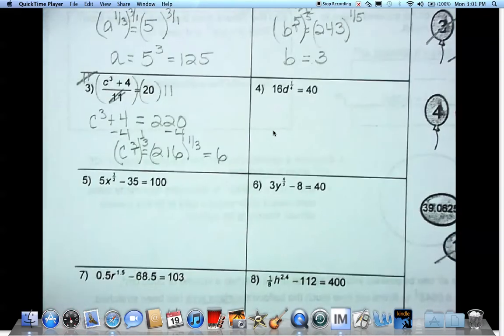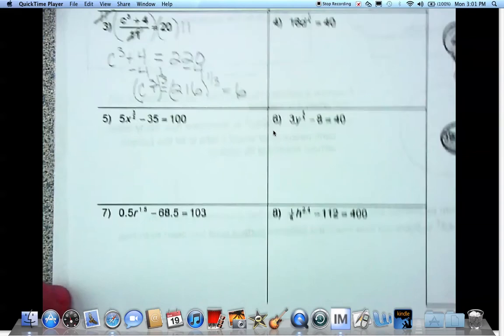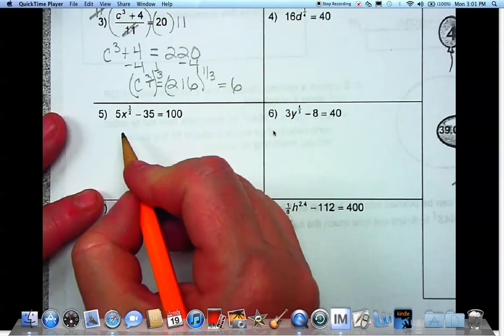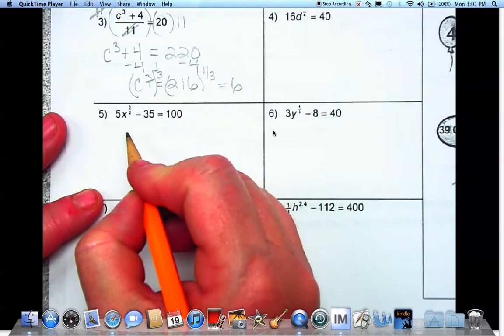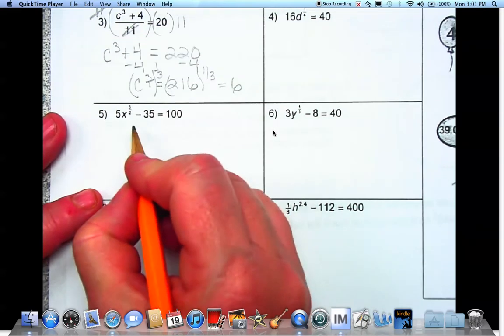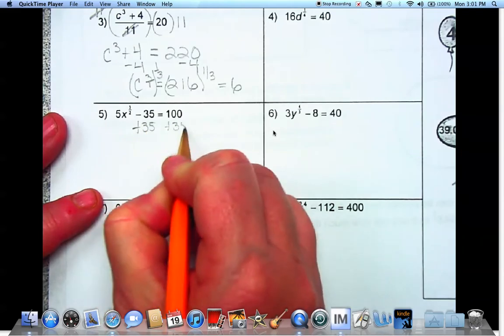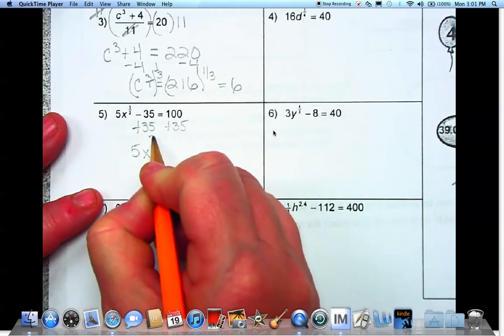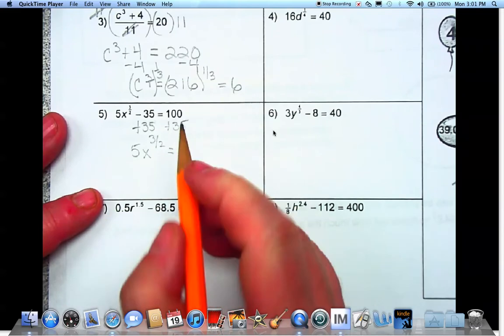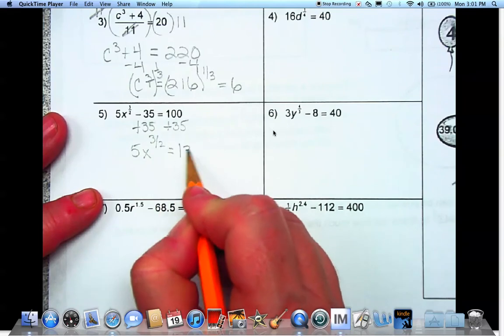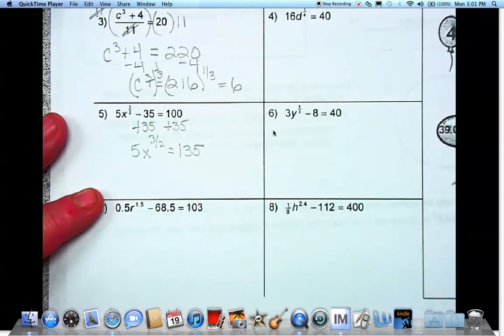Okay, let's skip down. There's a 6 balloon there. Let's go to number 5. Sean, what would you do first? I would add 35. So 5x to the 3/2 equals what, Sean? 135. 100 plus 35 is 135.